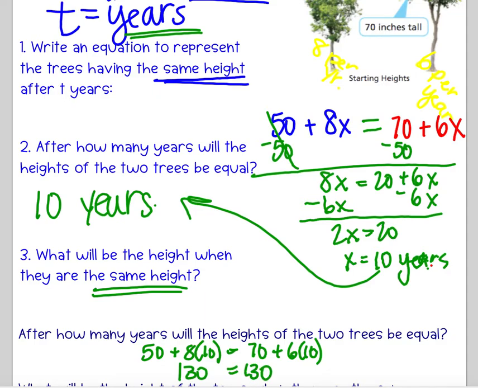So after 10 years, the two trees will be 130 inches tall. Oh, look at that red E. Okay. So we're writing our equation, solving our equation, and then plugging it in to answer more of the problem. And make sure that your answer makes sense in the real world context.